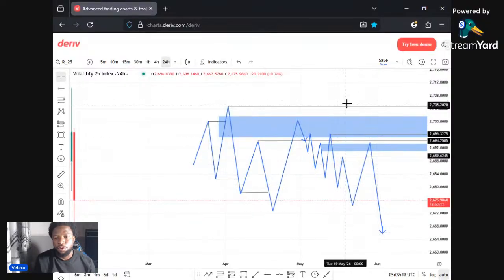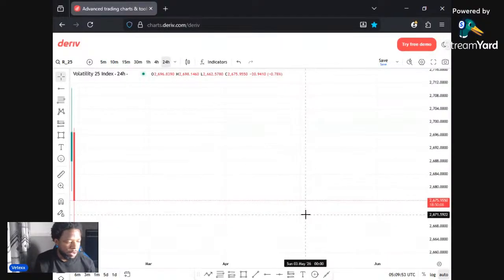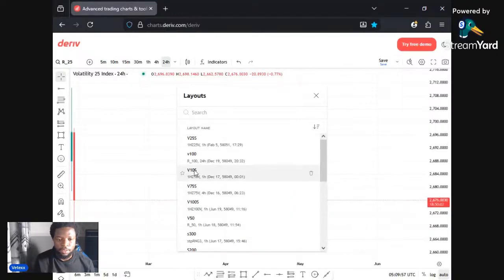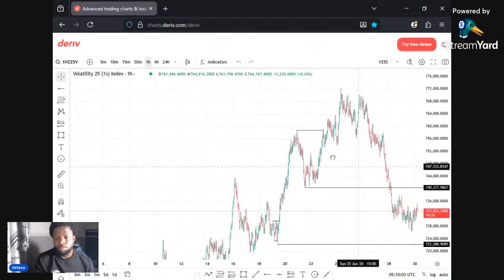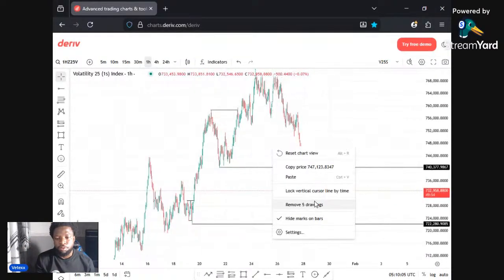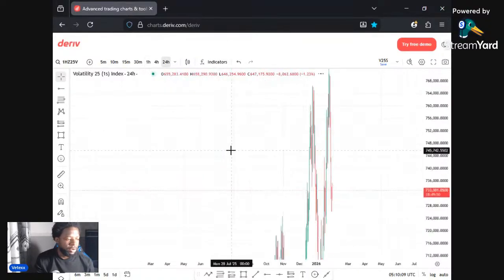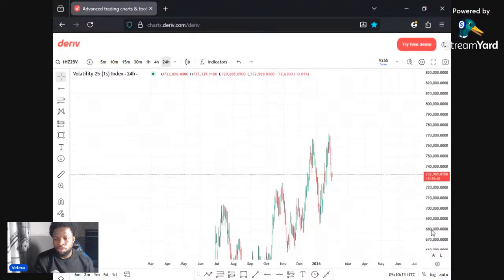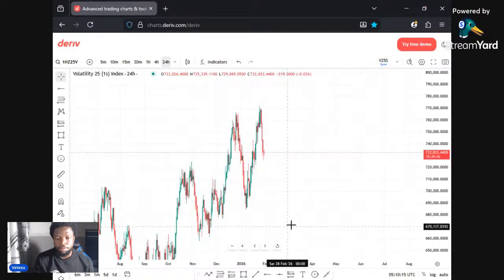Now let's move to the first trade for today. Let's see what we have. Okay, let's see the first trade on our watch list. So first of all, we have V25 1S. Now starting from the daily time frame, V25 1S is bearish. Okay, it's very bearish on the daily time frame.